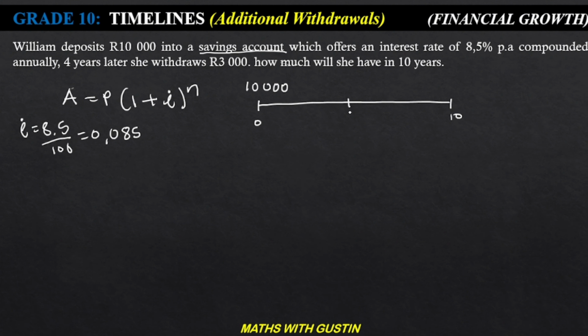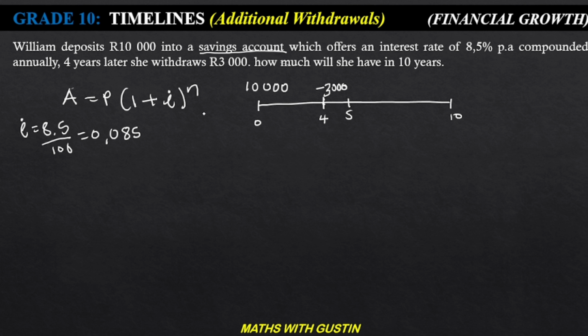So let's say this is 5 years. In 4 years' time William withdrew 3,000 rand. Great stuff, so this is our timeline, and it's for 10 years.